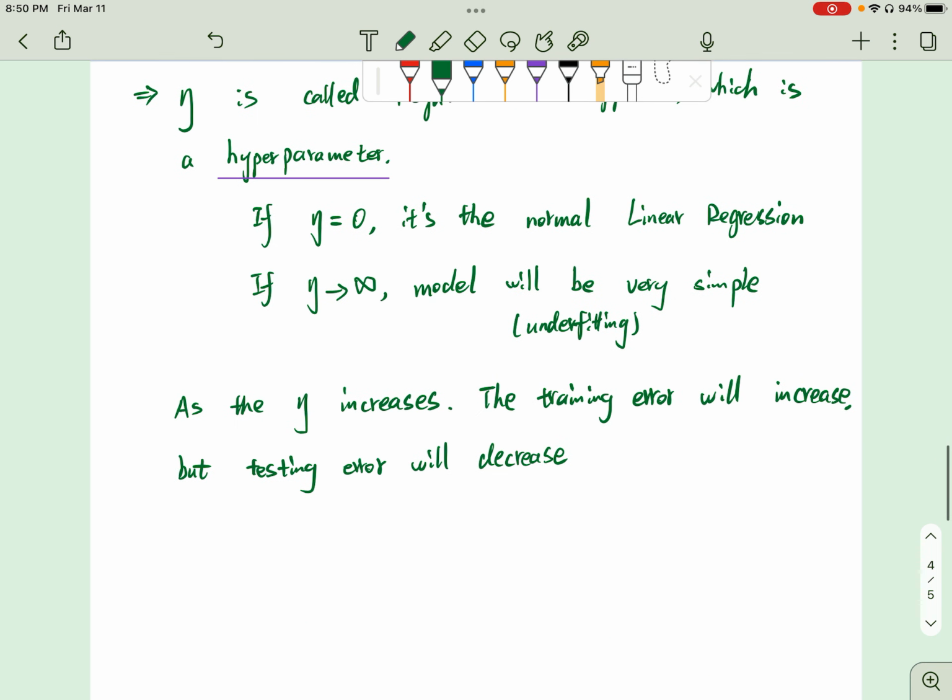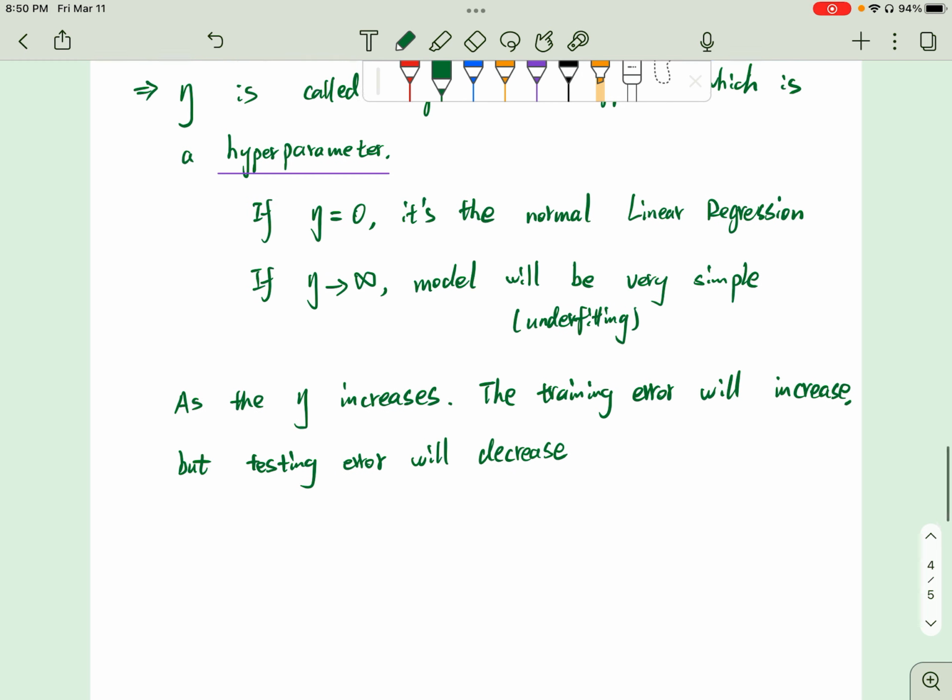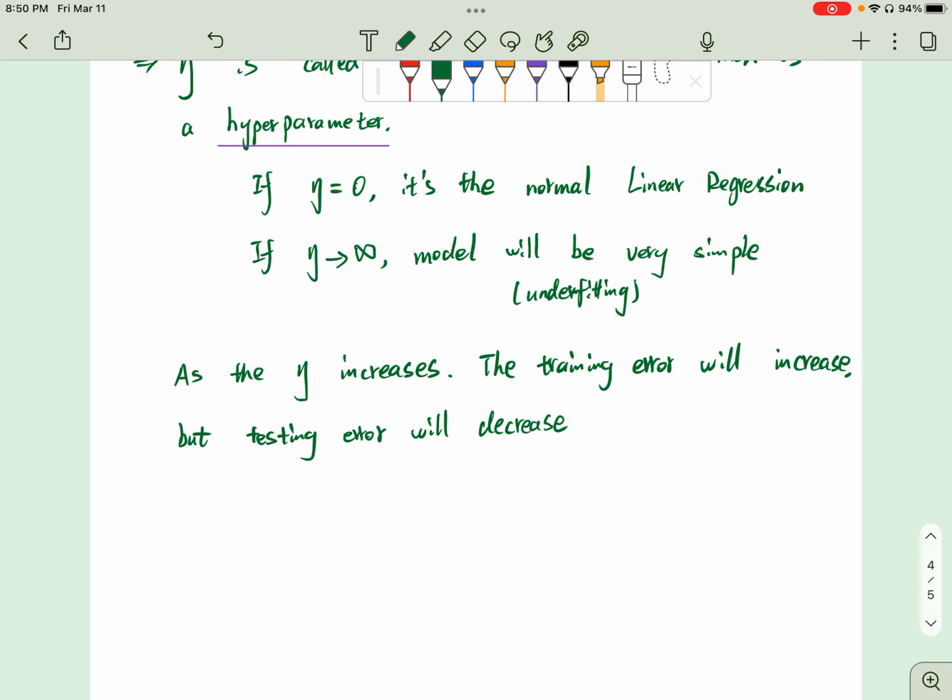So that means if we increase the eta from 0 to some value, the training error will be sacrificed. The training error will be increased, but we will have a more generalized model. It means our testing error will decrease, and so overfitting will be mitigated.